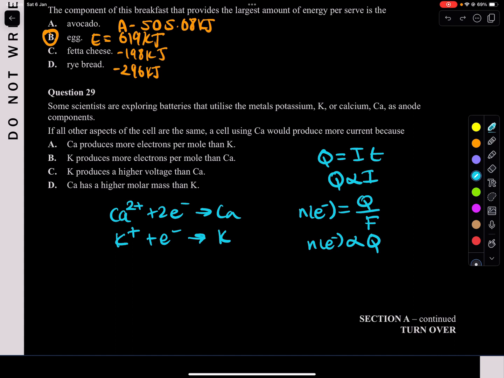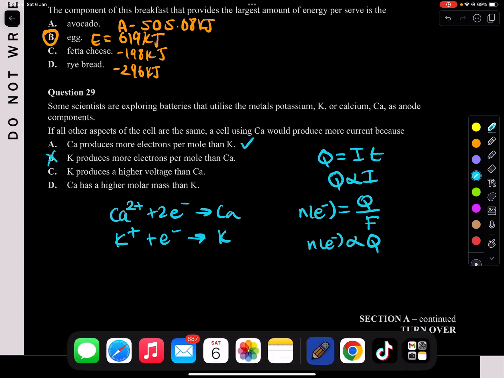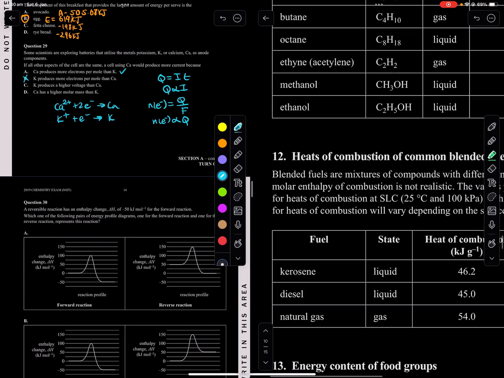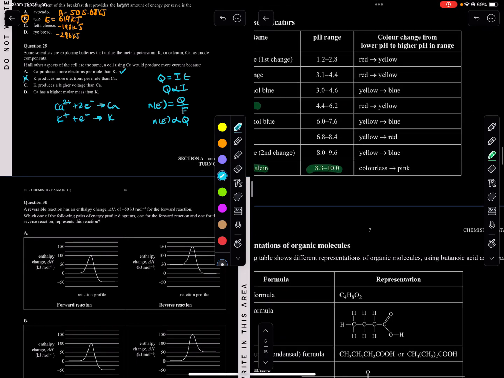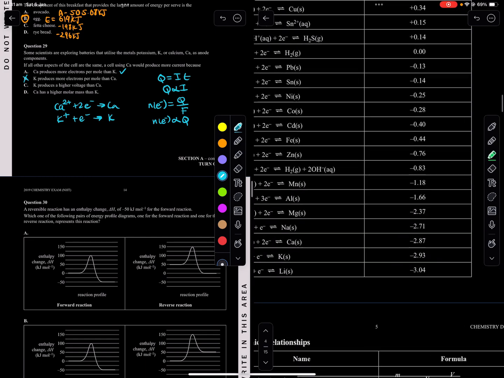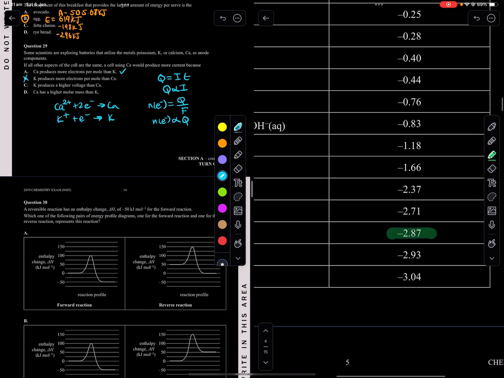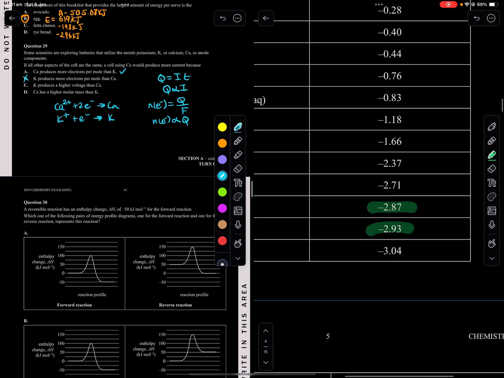Calcium produces more electrons per mole than potassium, correct. K produces more electrons per mole than calcium, rubbish. We know that calcium produces more moles of electrons. K produces a higher voltage than calcium. Let's check that out. So if I go to my electrochemical series, we can actually determine that. Which one has the highest voltage? In any case, the voltage doesn't really matter in this case. So calcium is there and potassium.